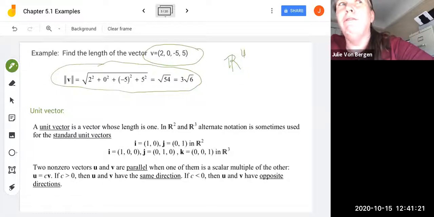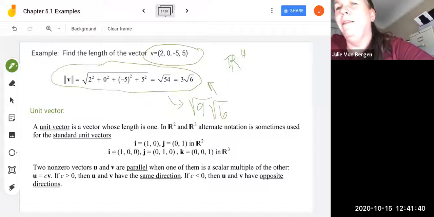So 4, 25, and 25 add up to 54. So this norm, or length, is the square root of 54. If we want to simplify that, we can pull out the 9. Remember, this is just square root of 9 times square root of 6. And so that's how we're getting the 3√6.